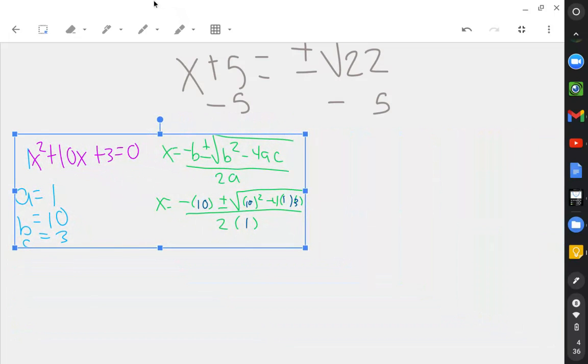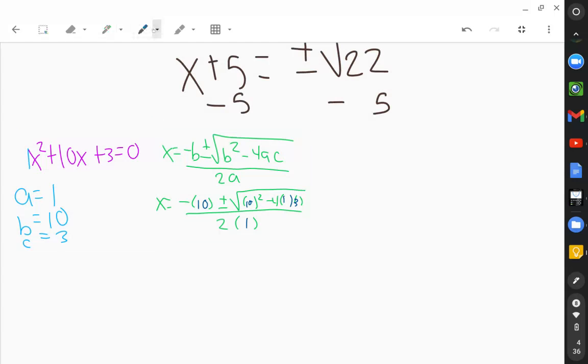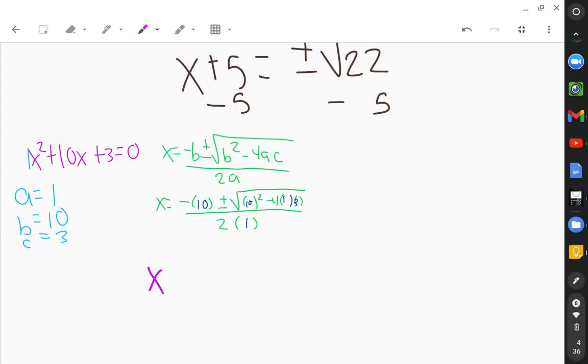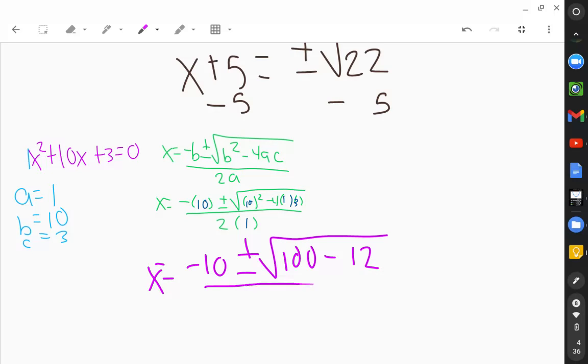And now we're going to simplify here. So x is going to equal negative 10 plus or minus 10 squared is 100 minus 4 times 1 times 3, which is 12, over 2.